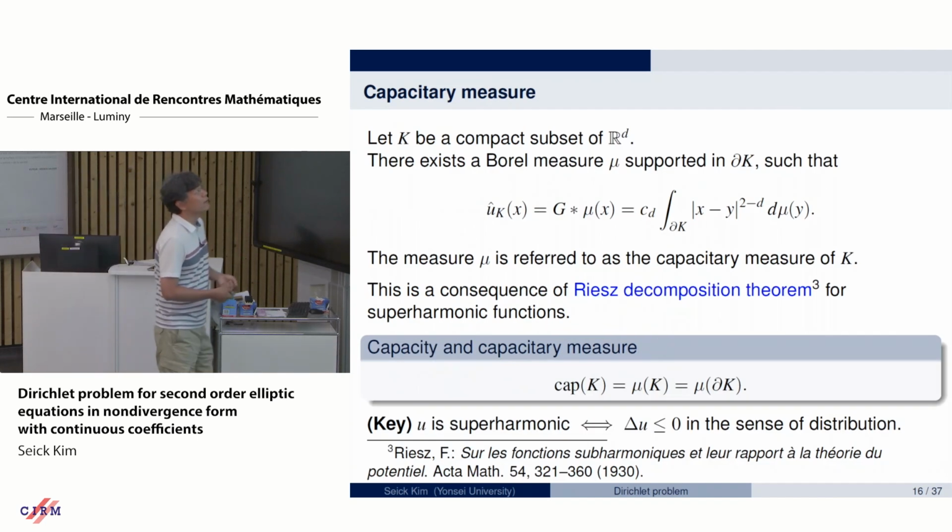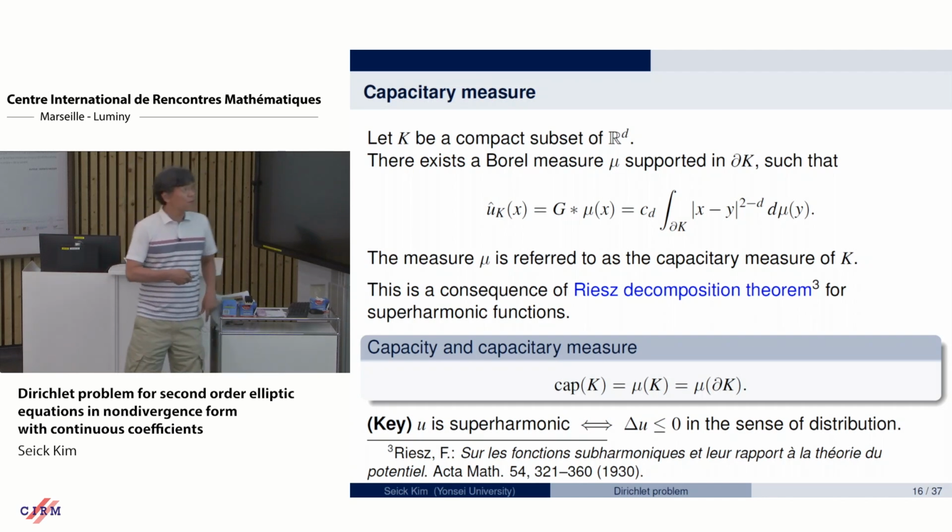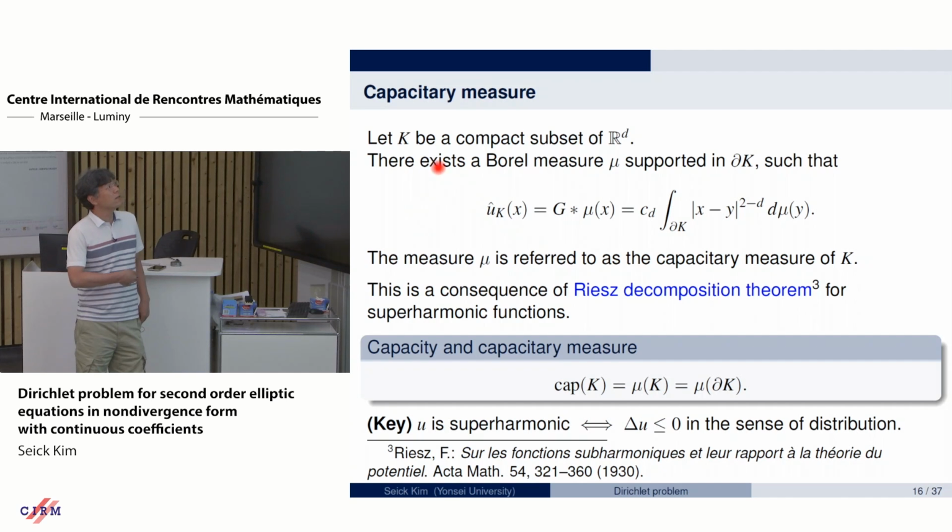Then there's the concept of capacity measure. If K is any compact set, then this is a theorem: there is a Borel measure, actually a Radon measure, supported on the boundary of this compact set, such that the capacity potential is expressed as the integral against the Green's function.